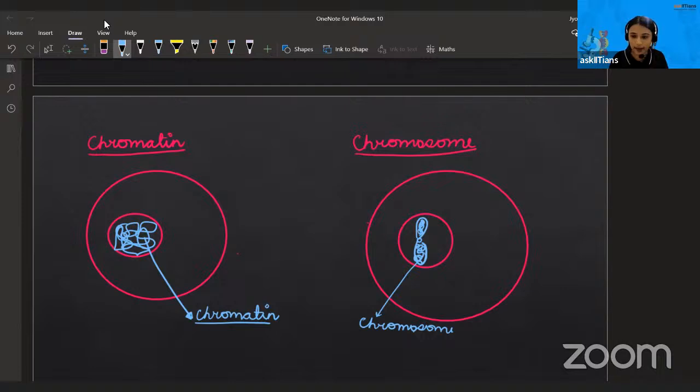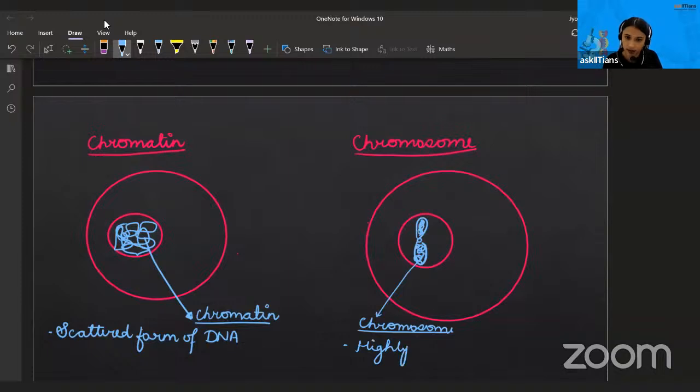So this chromatin is the scattered form of DNA, and this chromosome is the highly coiled and condensed form of DNA.